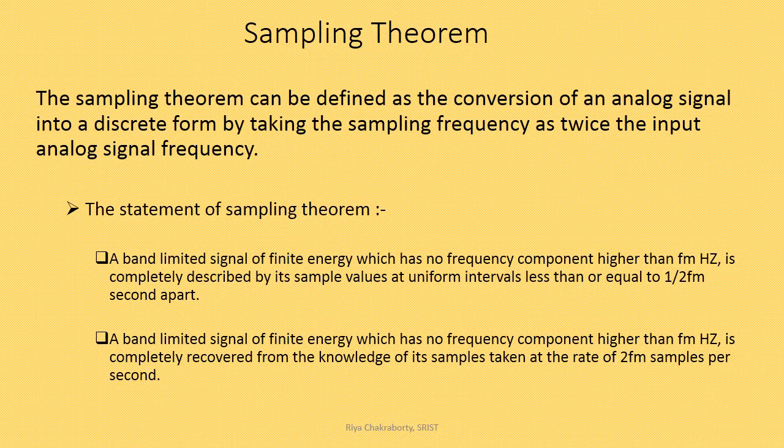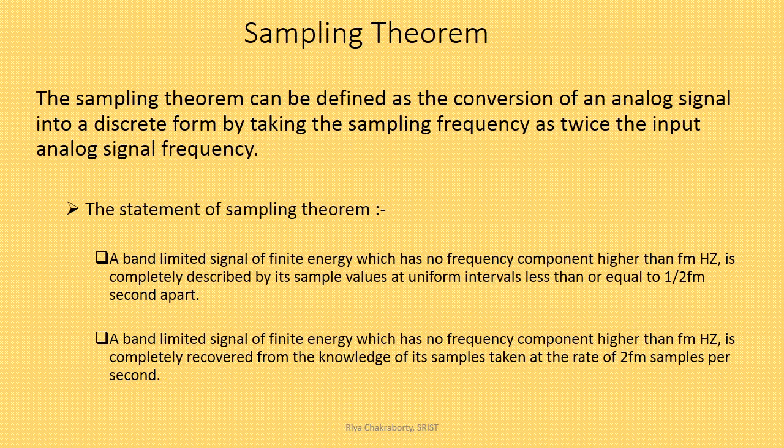Now, the statement of the sampling theorem. Number 1: a band limited signal of finite energy which has no frequency component higher than fm Hertz is completely described by its sample values at uniform intervals less than or equal to 1 by 2fm seconds apart.